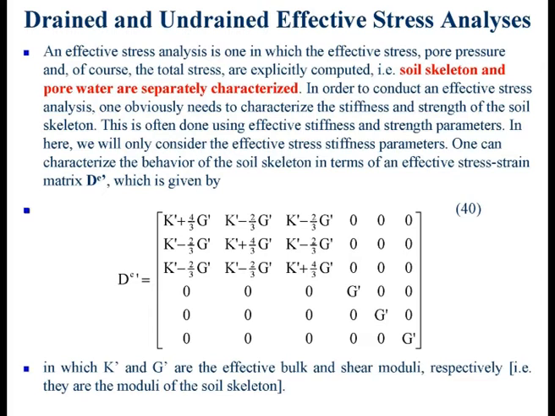Effective bulk modulus and effective shear modulus. So this is the way you characterize effective stress parameters. So when you use effective stress analysis in Poisson ratio and you enter E' and nu', the E' and nu' will actually be used to calculate K' and G' using the formula that I showed just now.